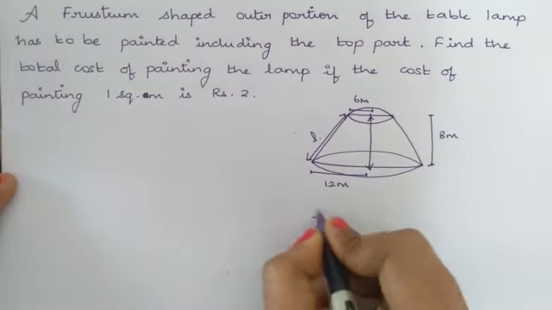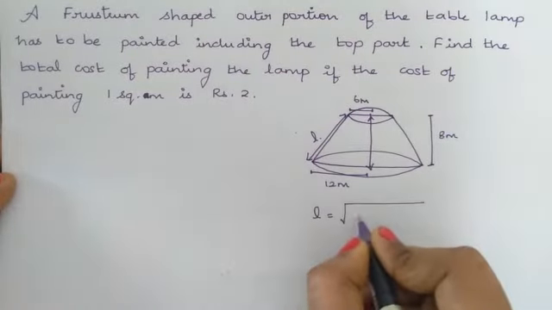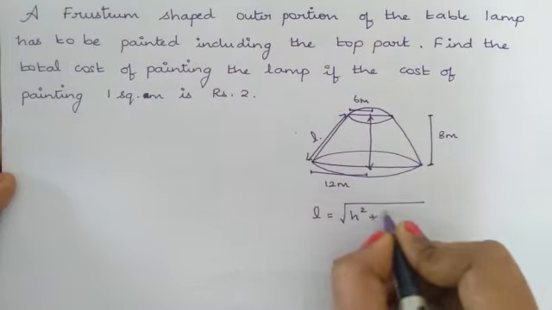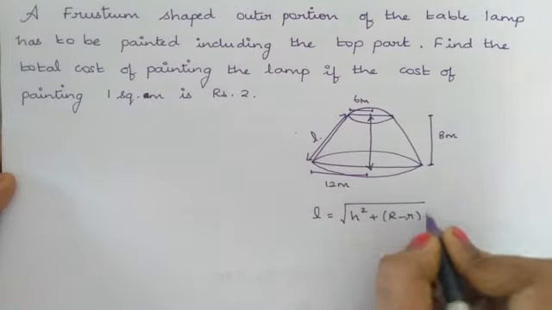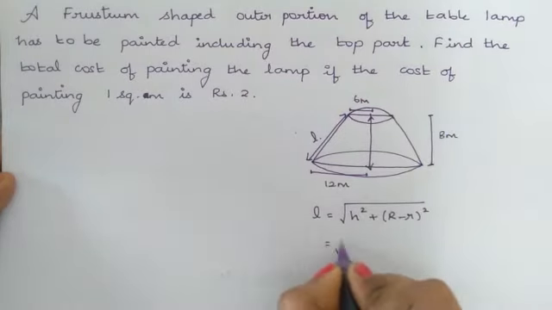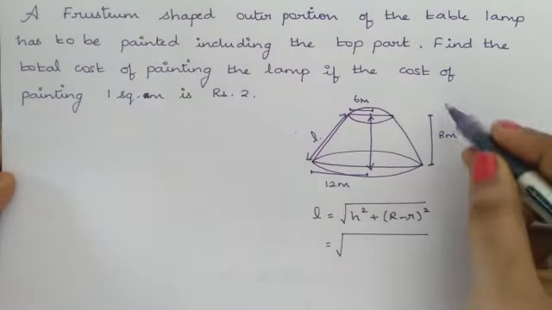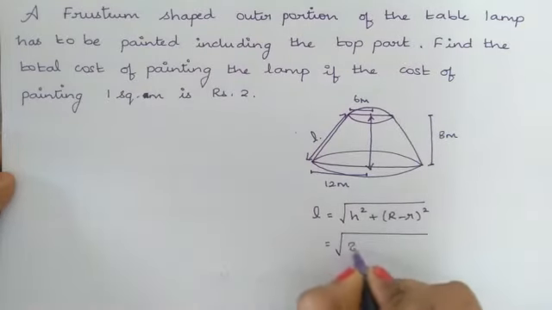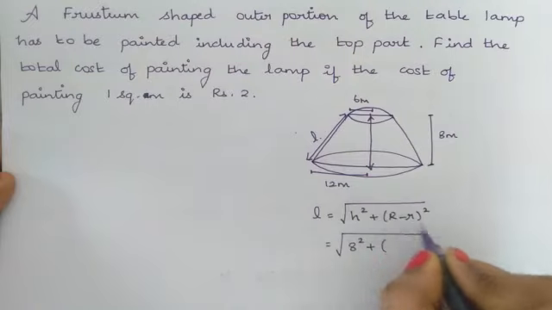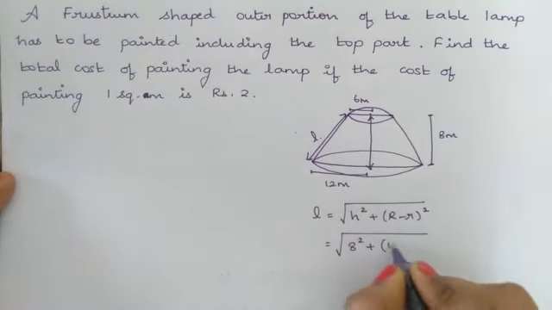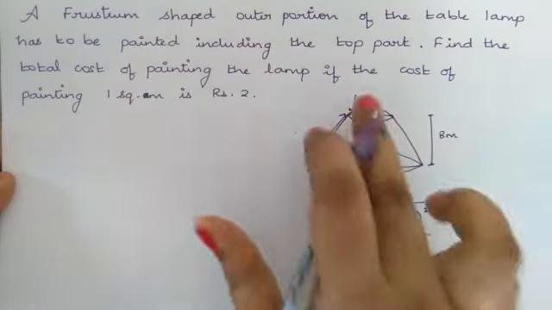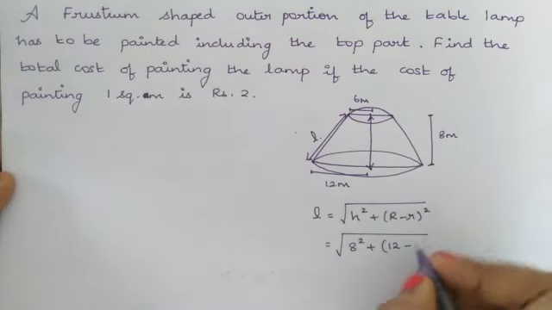So L is equal to square root of h square plus (R minus r) the whole square. What is h? The perpendicular height, 8 square, plus R minus r, where R is the lower radius and small r is the upper radius.